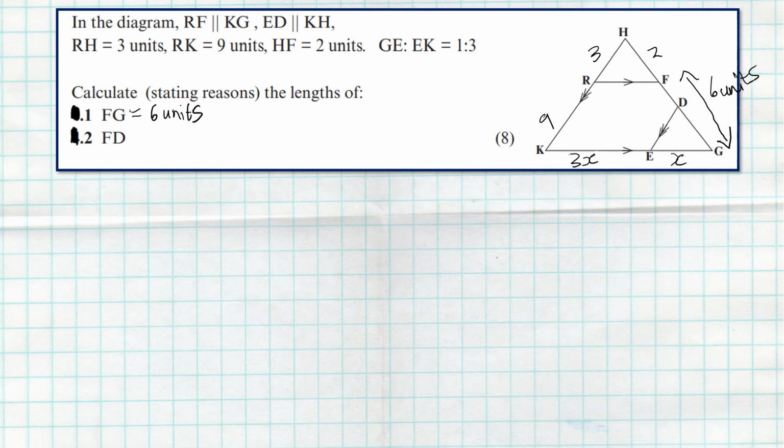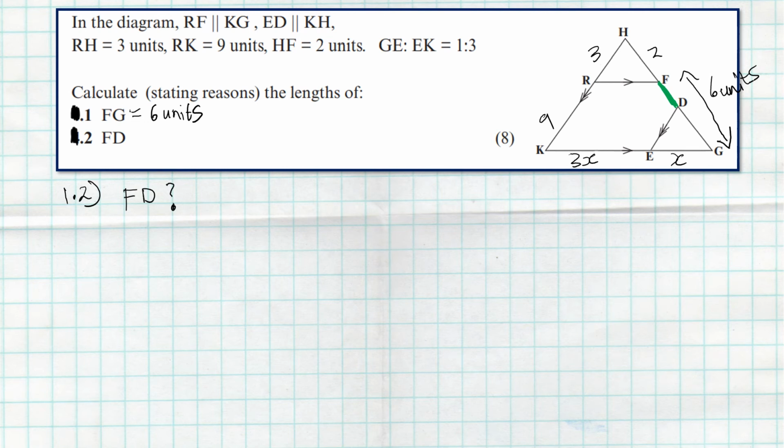Okay, let's now move to 1.2, and our 1.2 requires us to calculate what? FD. They need FD, right? So let's check our FD. Can you see your FD is this small portion here, right? In order to calculate FD, we can identify a triangle in which we can use proportionality, but FD alone does not complete that triangle.